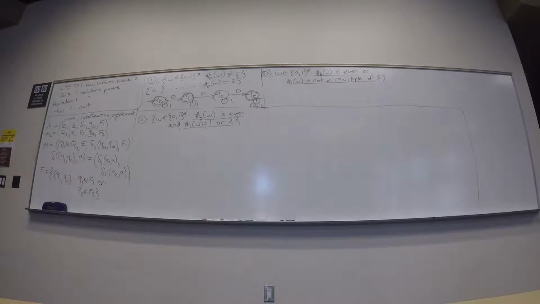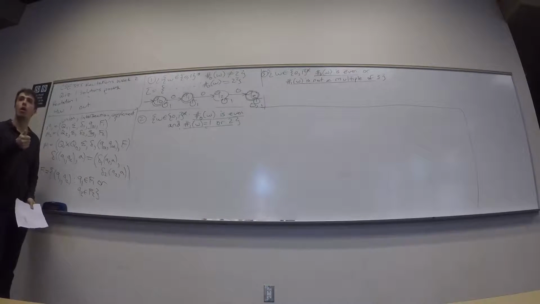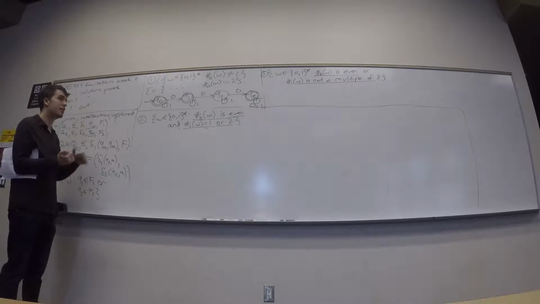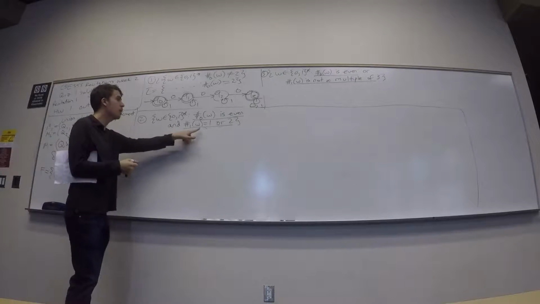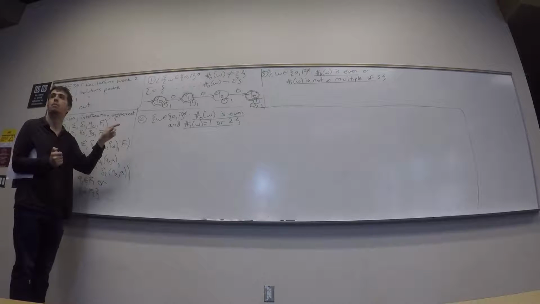All right, so let's do the second question. So the second question is, I want to recognize when I've seen an even number of zeros and either exactly one or two ones. Okay? So that's what I want to recognize. So, what word of this jumps out to you?